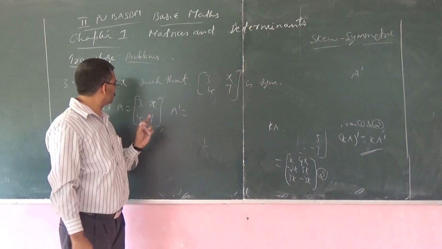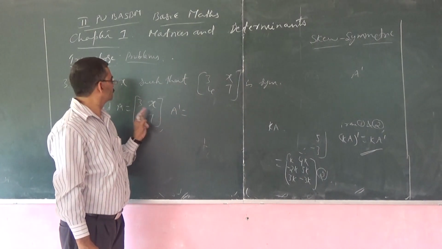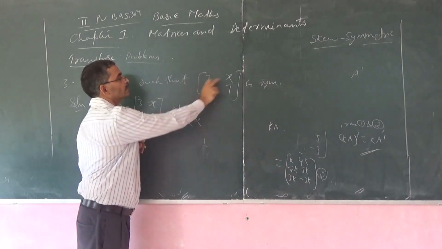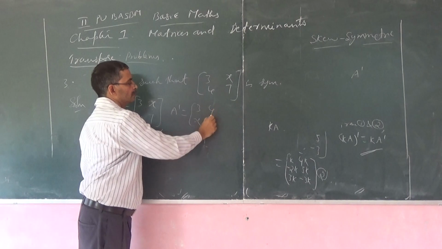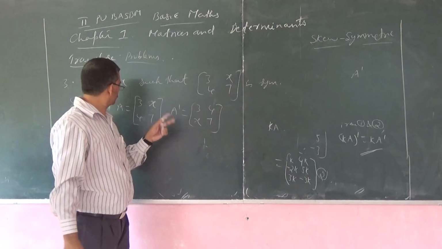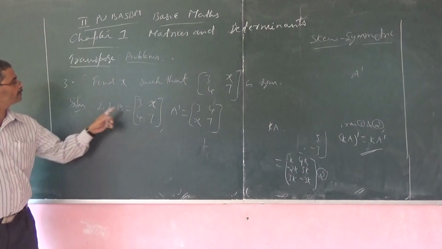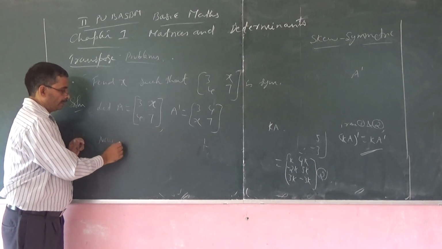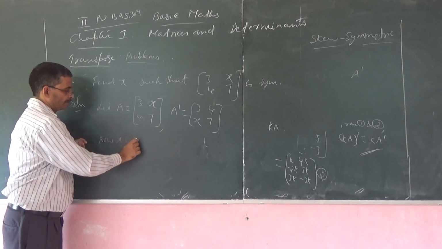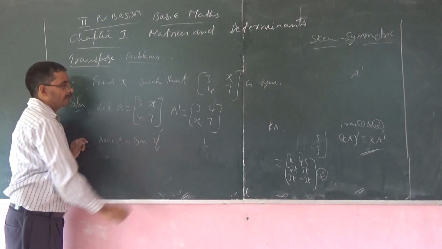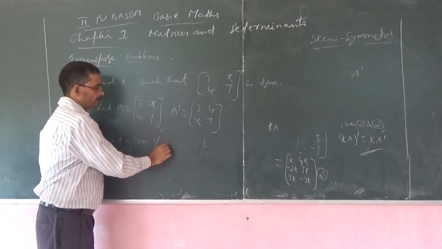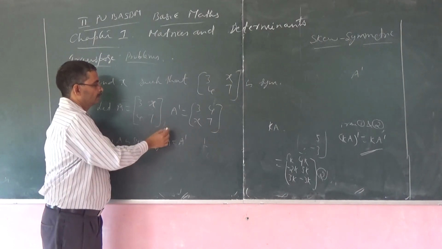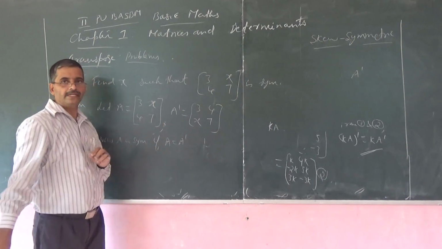A transpose equal to, transpose: first row will become first column, second row will become second column. So A is symmetric if A equal to A dash.